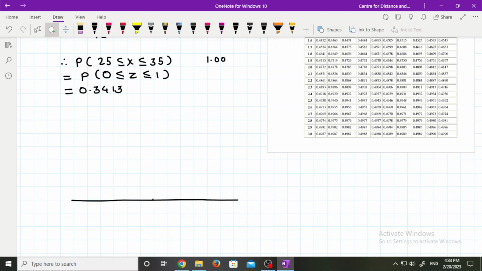Now we draw the bell shaped curve. This is our x axis, this is our z is equal to 0, and here we have to find out the area for z from 0 to 1. This is our 1 and this is our 2. This is our minus 1 and this is our minus 2.